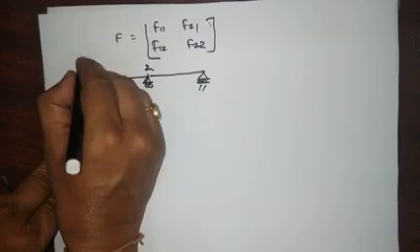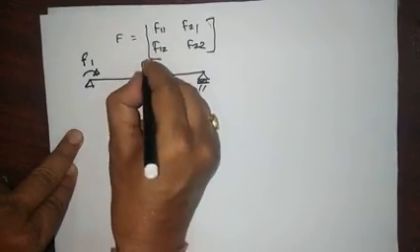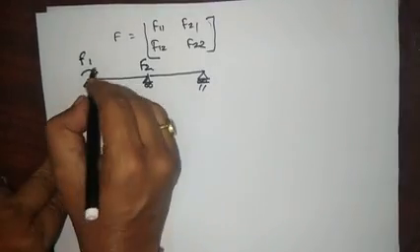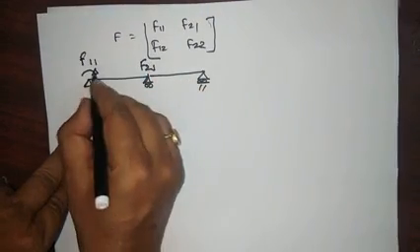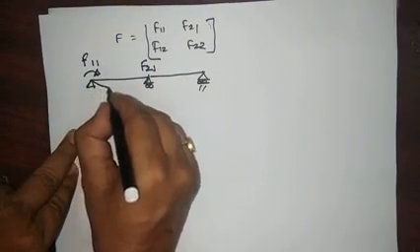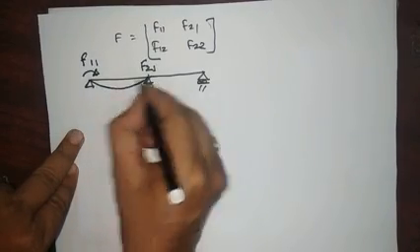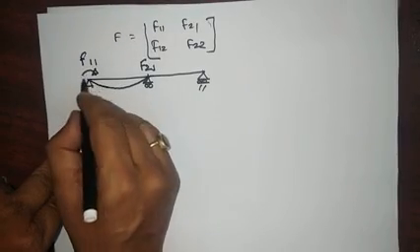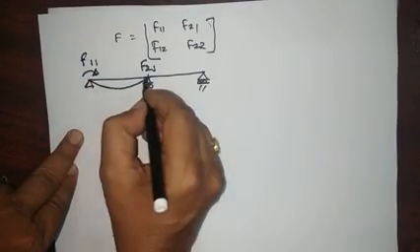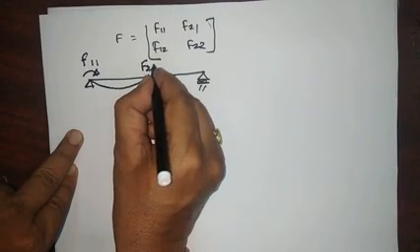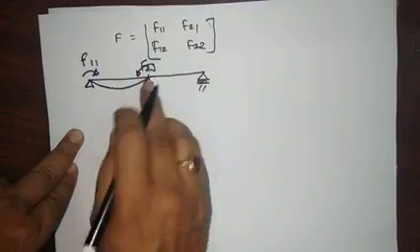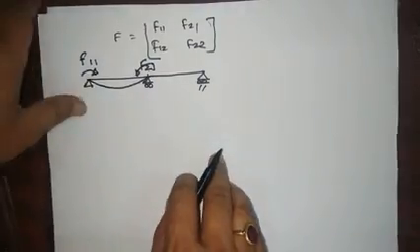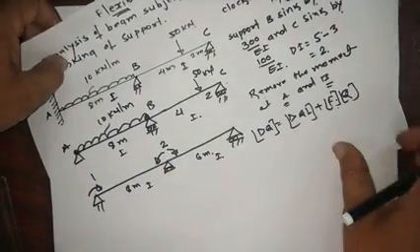So give this as 1, F1 and F2. Now we are applying the rotation at 1, so give this as 1. Due to this rotation, we have to find the slope at 1, and this will produce a rotation at 2 in this direction. The rotation produced at 2 is the same as what we have assumed here.